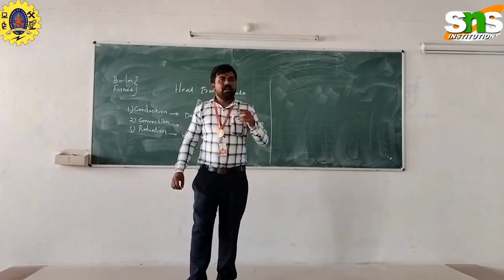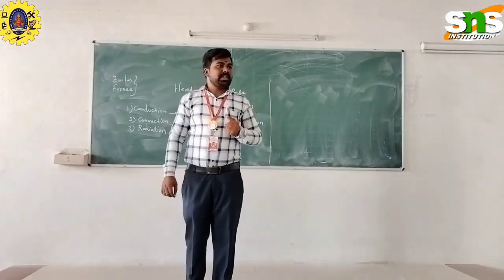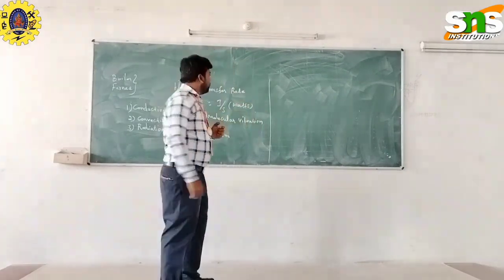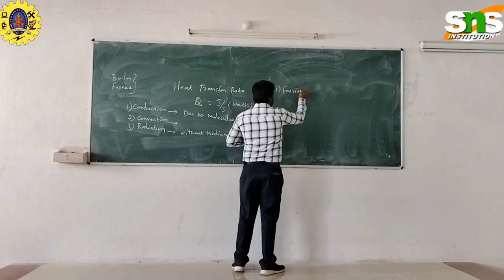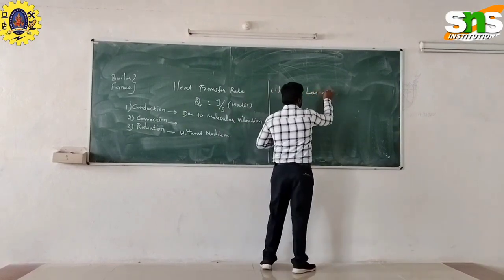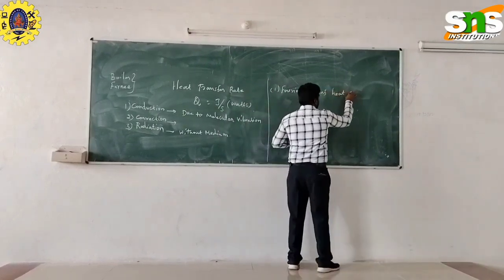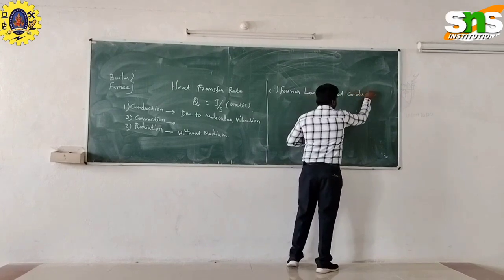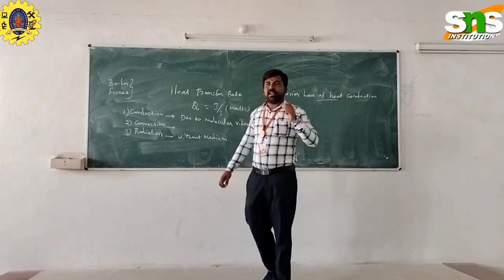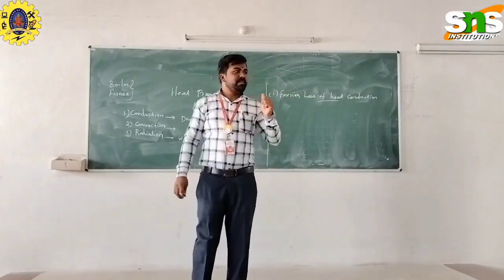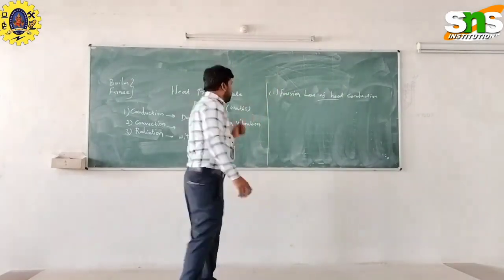Then move on to the important laws of heat transfer. The first law is Fourier law of heat conduction. The Fourier law of heat conduction states the conduction property of the materials or substance.